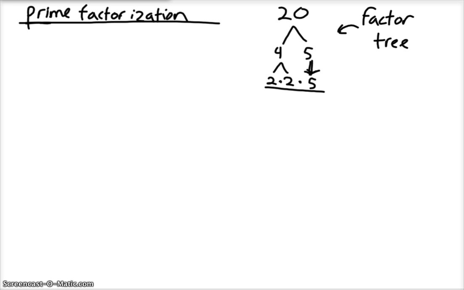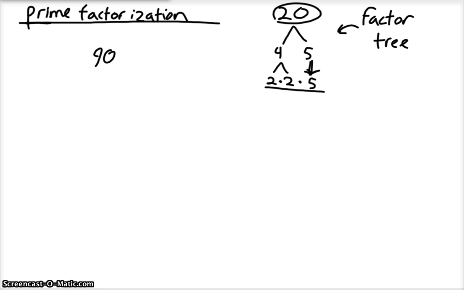You're trying to figure out what prime numbers you multiply to get the number, and it's most likely always composite. That's what you're breaking down. So 2 times 2 equals 4, then multiply that by 5 and you get 20.